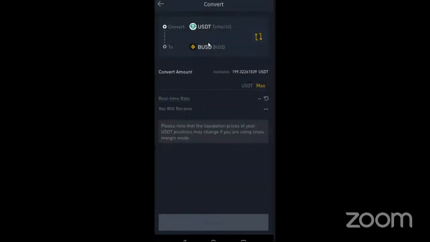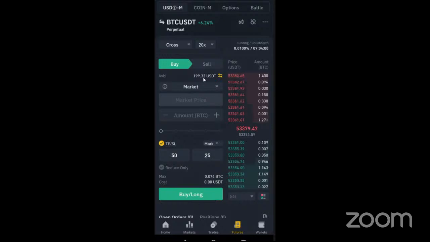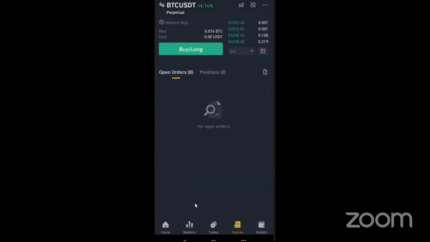But that one is just for instance if you are on the futures page and you don't have any money to trade. You can quickly click on that to transfer money into the futures trade. Most of all these features that we have right here have initially been explained on the website, and it's almost the same thing we have right here on our mobile app.